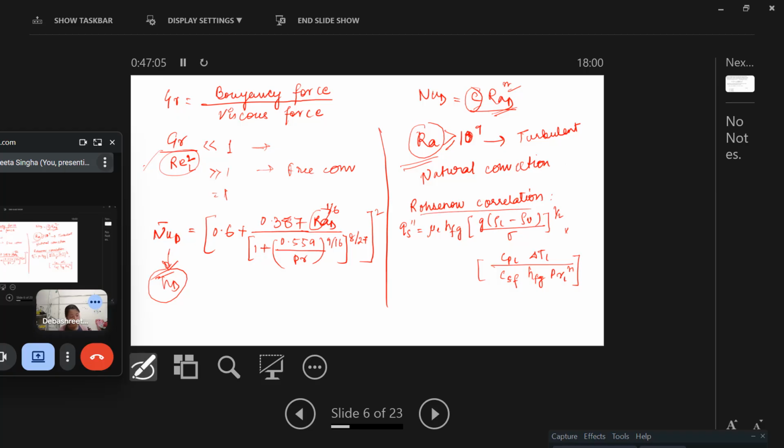Okay, so this was given by Rohsenow. This is the Rohsenow correlation. Csf depends on the surface, some empirical constant. Then for film boiling we get another equation for the Nusselt number.